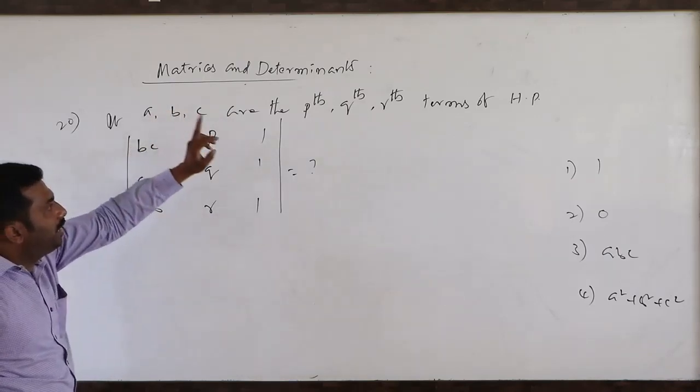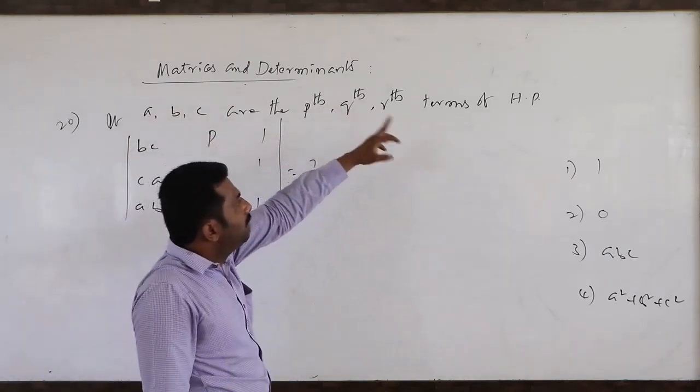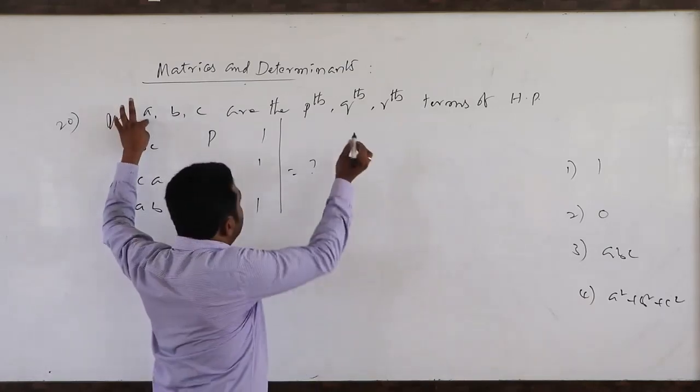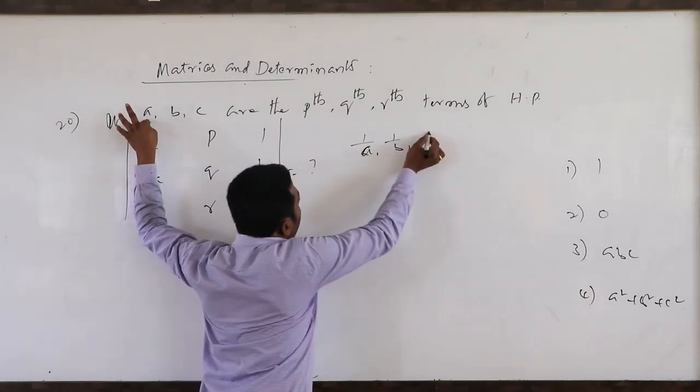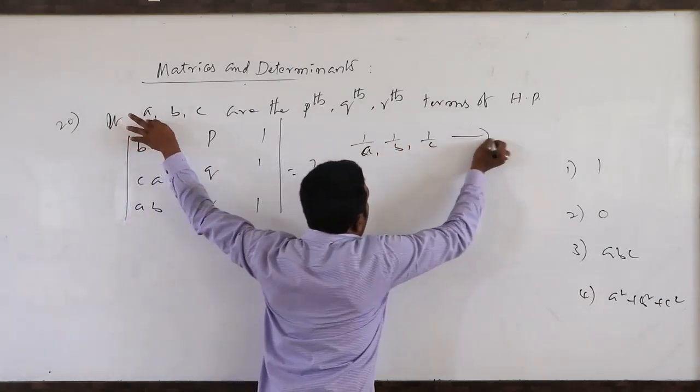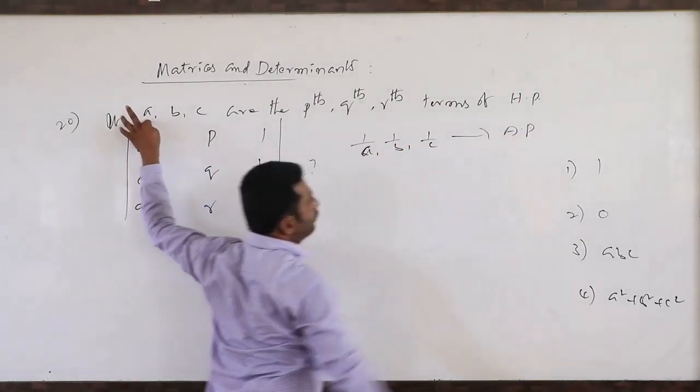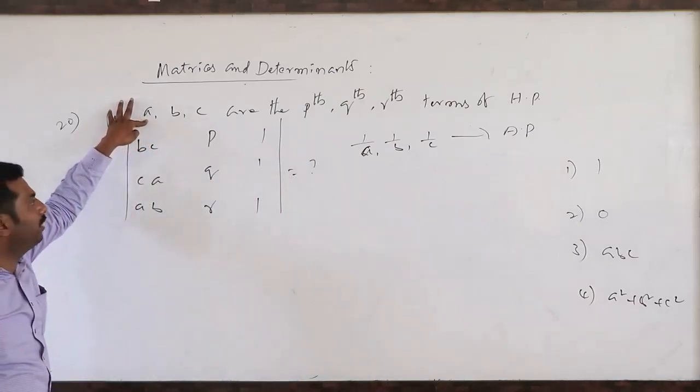a, b, c are the pth, qth, rth terms of an HP. So the reciprocals 1 by a, 1 by b, 1 by c are the terms of an AP. Reciprocals are in AP.